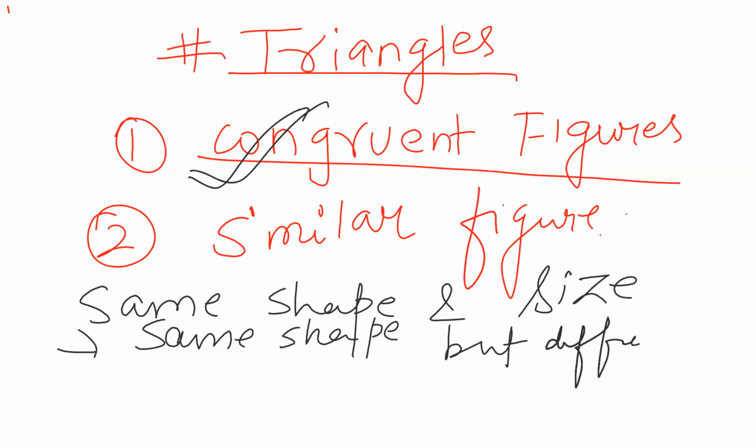Means two congruent figures are always similar, but two similar figures are not always congruent. You are getting my point? Two figures which are congruent are similar, but two figures which are similar need not be congruent.